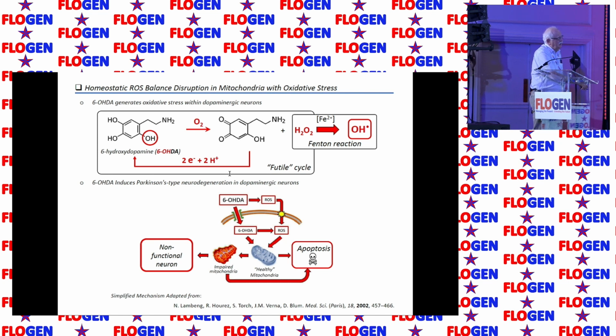That means that when it is oxidized by oxygen, you get this quinone that now will generate hydrogen peroxide. And this hydrogen peroxide, if you have iron 2 or 3 nearby, or copper, will generate OH dot, and that will create a problem.